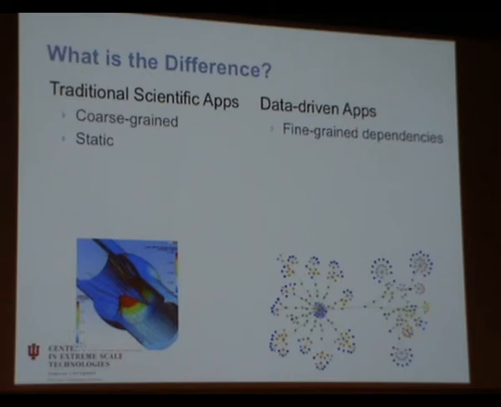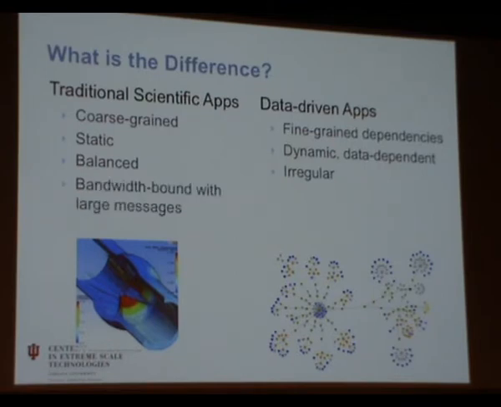Even when you're looking at things like evolving meshes like the talk earlier this morning, or mesh refinement, you still have relatively small and relatively localized changes. On the other hand, many of these data-driven applications have dynamic topology structures. You also have good load balancing on traditional applications versus poor on these new applications.